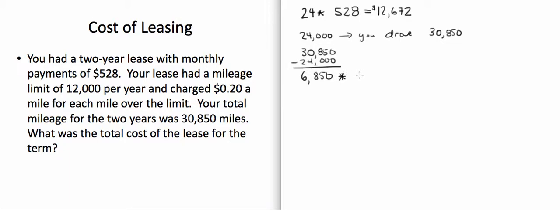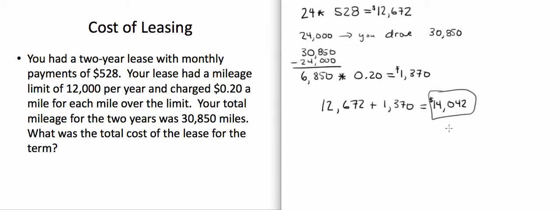This is what we multiply by 0.2, and we get an answer of $1,370 for the mileage charge. Then to figure out the total cost of the lease, we take 12,672 plus 1,370 to get an answer of $14,042 for total cost.